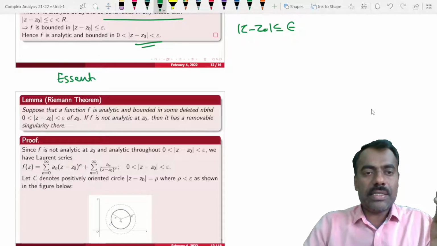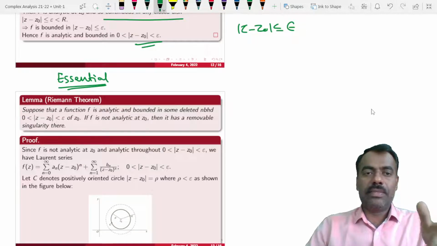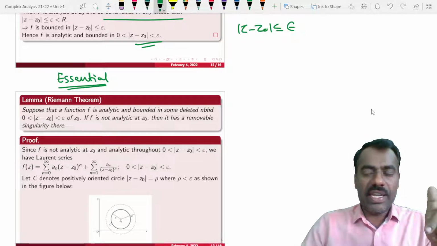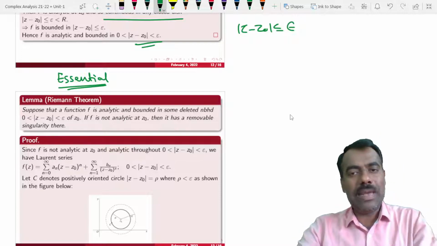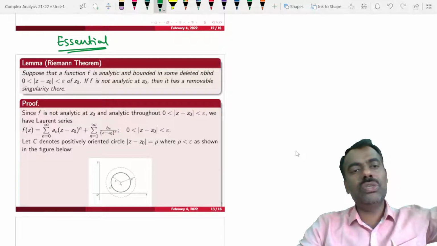To discuss how f behaves when we have an essential singularity, we first prove a lemma. This lemma, or theorem, is due to Riemann.